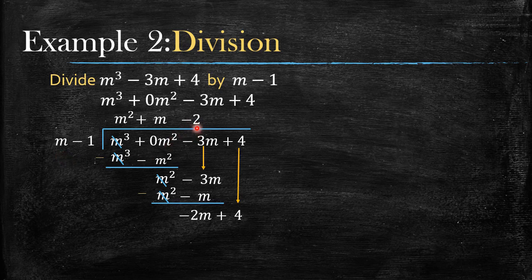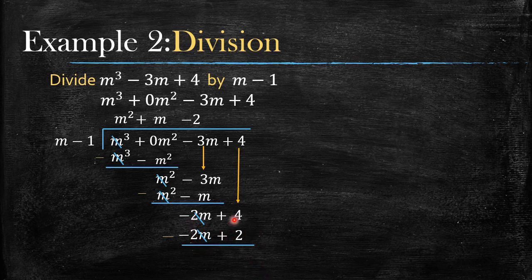Good. Now negative 2 multiplied by that m would give us negative 2m. Okay? So again, negative 2 multiplied by negative 1 gives us a positive 2. From this point we draw our line, bring out the minus sign, and then we subtract the first two, which should always cancel out.